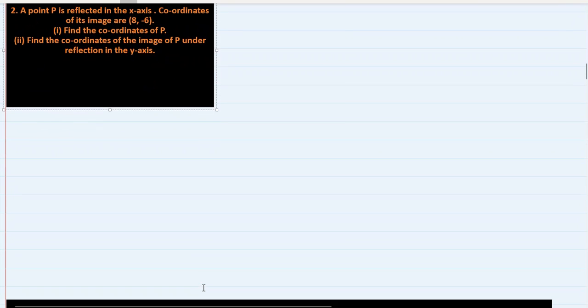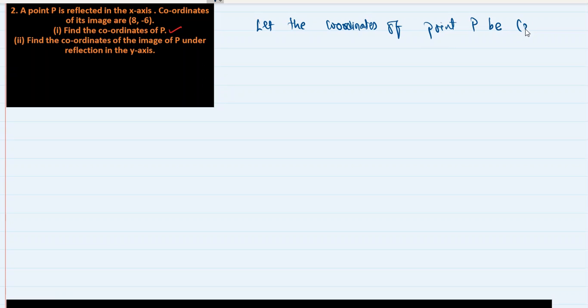A point P is reflected in the x-axis. Coordinates of its image are (8, -6). Find the coordinates of point P. Let's first do the first question. Let the coordinates of point P be (x, y).